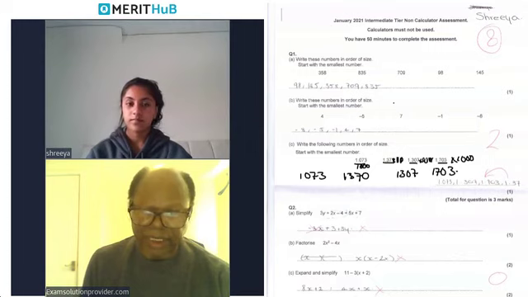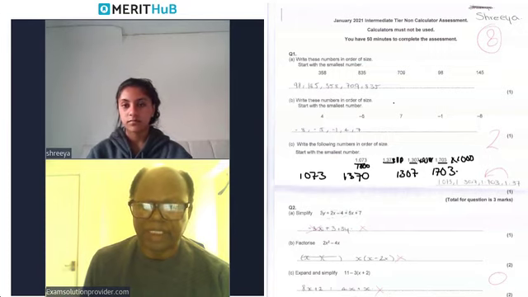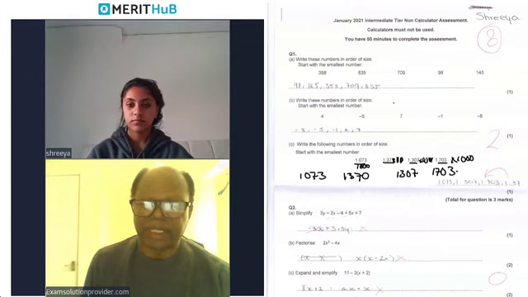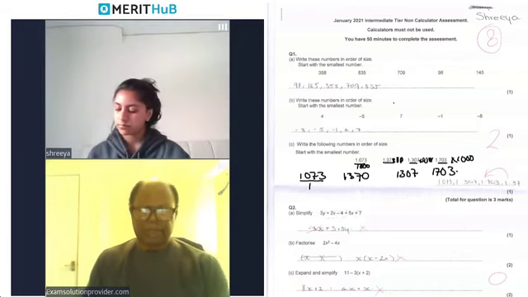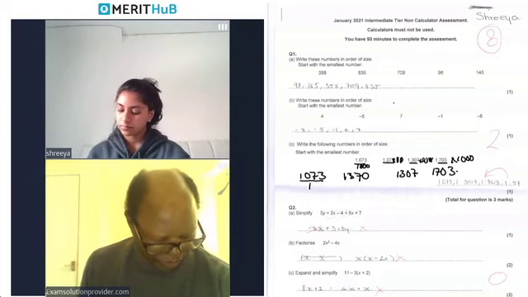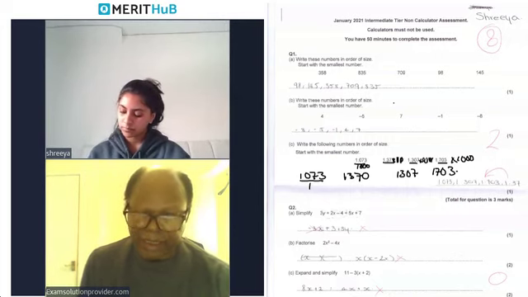So look at the smallest. This is 1,073. This is 1,370. This is 1,307. This is 1,703. So this is the smallest. We put this one number 1. Then we need to look at the second. This is 3 after 1.